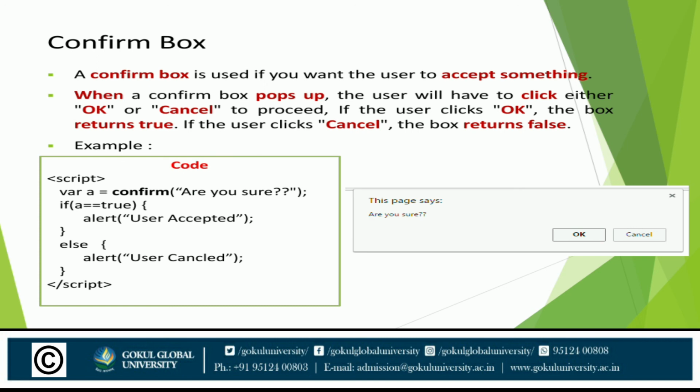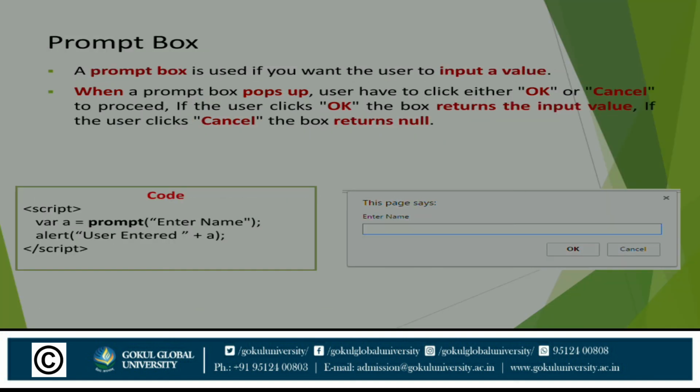If the user clicks OK, the box returns true. If the user clicks cancel, the box returns false. See the example. Here we match the value with the specific variable. If the variable value is true with the input given by the user, then the user is accepted, or the user is cancelled. It depends on the user input given, clicking on OK or cancel.